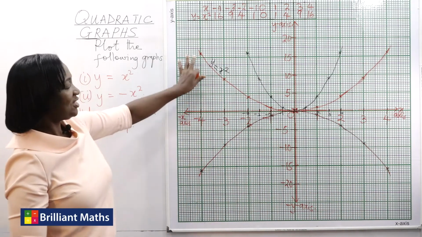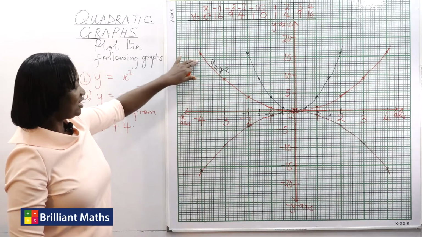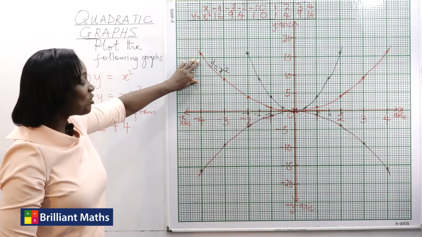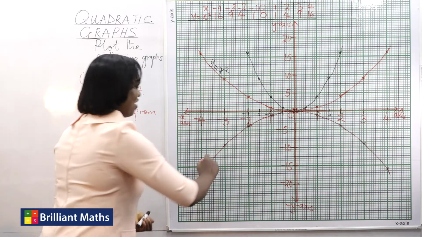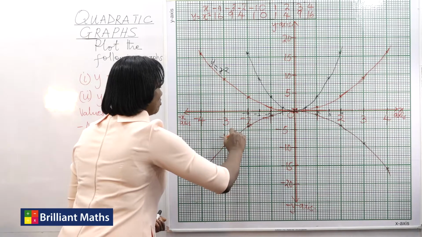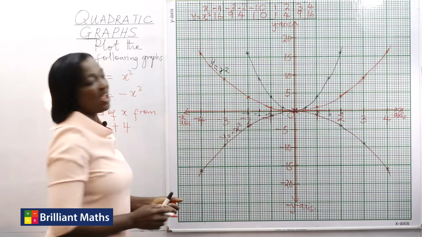So you can see that this is the graph of y is equal to x squared, and this is the graph of y is equal to minus x squared.